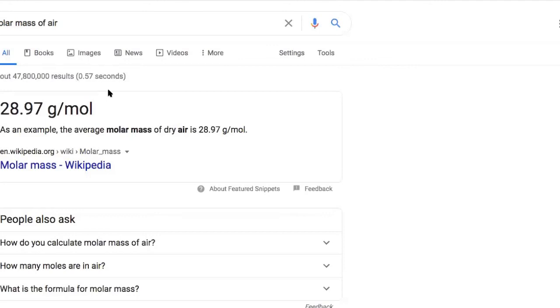Yep, that makes sense. And then some of it is oxygen, which is O2, and that's 32 grams per mole, right? Yes. So if you think about it, this is sort of the average of N2 and O2, which is slightly more than 28. Yep, makes sense.